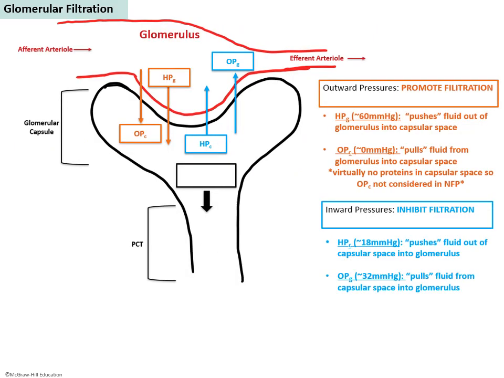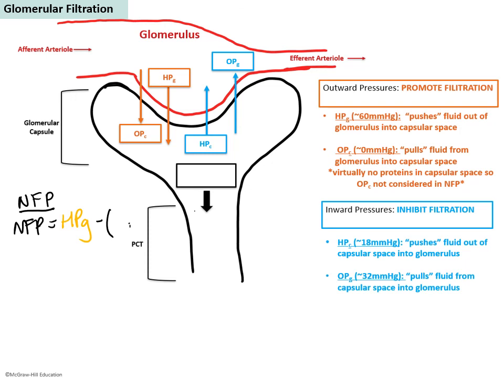So let's go ahead and fill this in real quick down here. So net filtration pressure, or NFP, is going to be equal to our outward pressures. The only one that we're taking into account is the hydrostatic pressure of our glomerular capillaries, subtracted by our inward pressures.